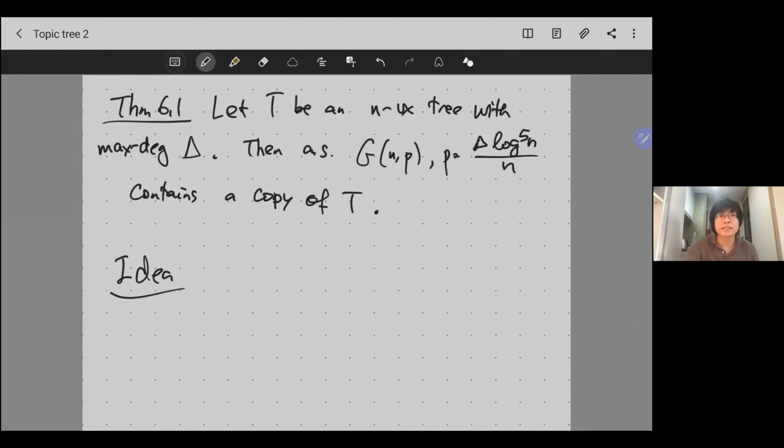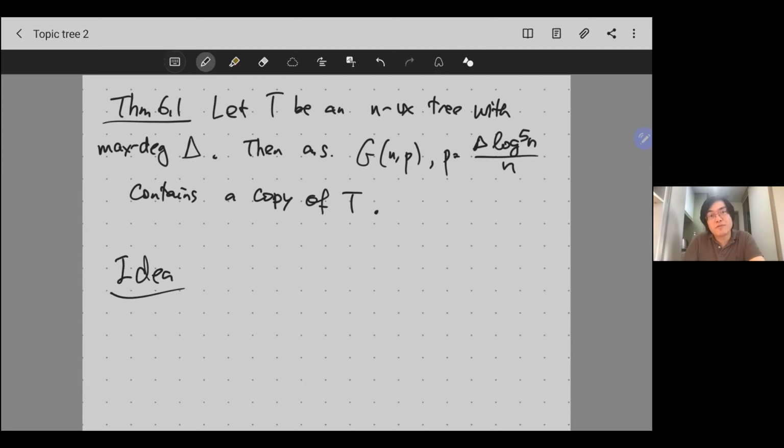Oh, okay, thanks. Why can we not derive the universality from a weaker bound only for a given T? The reason is that suppose with high probability you contain a fixed copy of a tree on n vertices. Then to get universality, you have to take a union bound to contain all these trees, right?